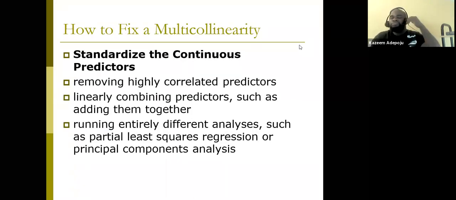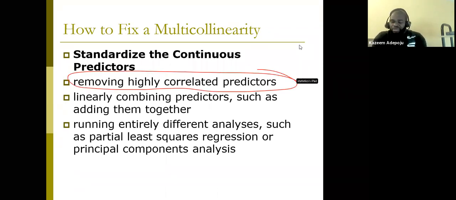Now another thing I want to talk about: how do we fix a multicollinearity problem? The one we just did is the second approach, removing highly correlated predictors. Of course, you know how we remove them. We find the VIF, and then we remove predictors whose VIF value is greater than 5.